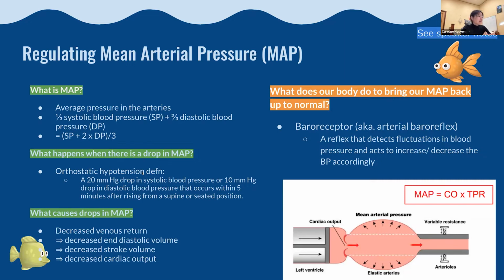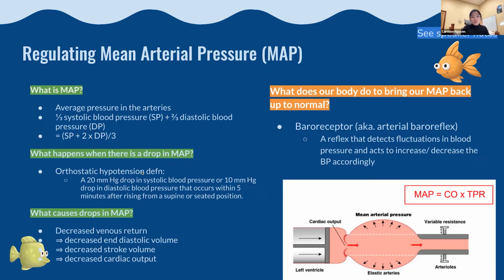One of them is decreased end diastolic volume, which means a low amount of blood that is in the ventricle before contraction. Then decreased stroke volume, a low amount of blood that is pumped out in each contraction. And that also means decreased cardiac output, which is the volume of blood that is pumped out of the heart over a minute. And these definitions that I've just said are in the speaker notes for your reference.